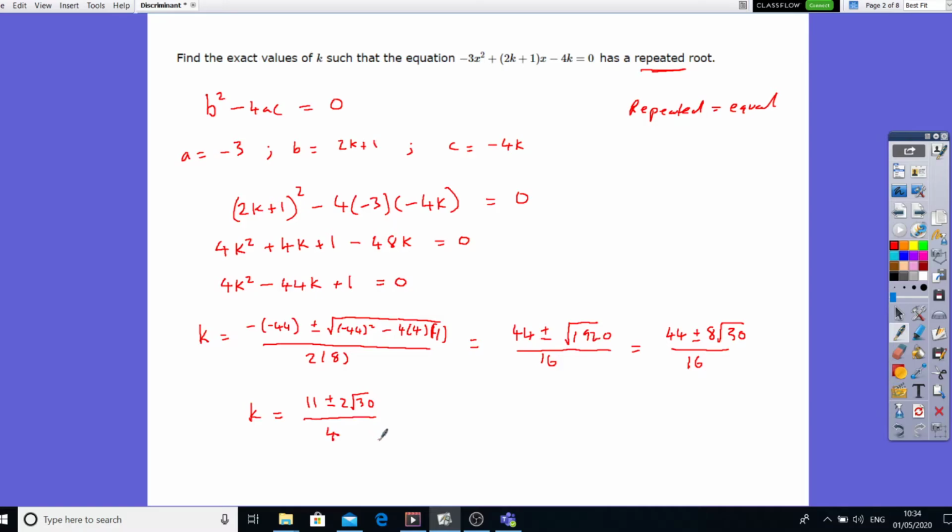So that's our final answer for exact values of k. So you've got two values, one is the positive and the other is the negative. Like I said, you could just put this equation straight into your calculator and it will solve it straight away.